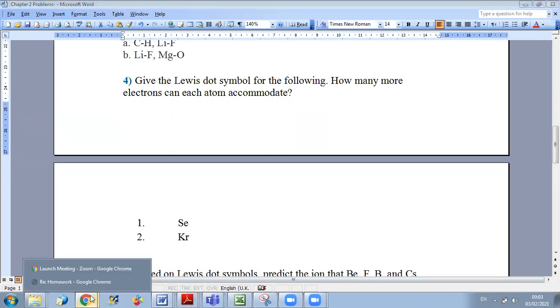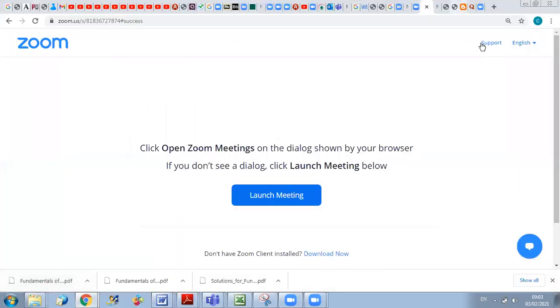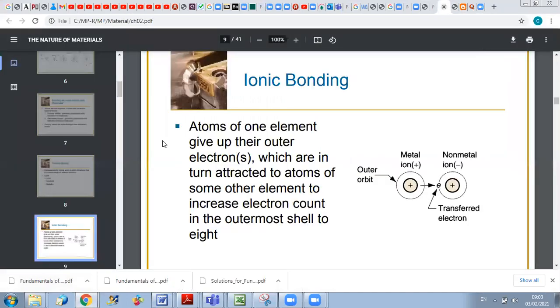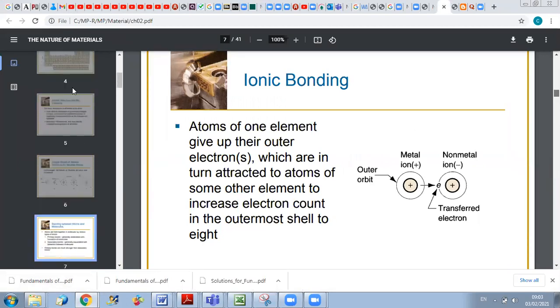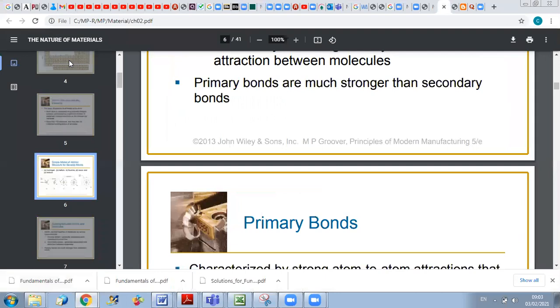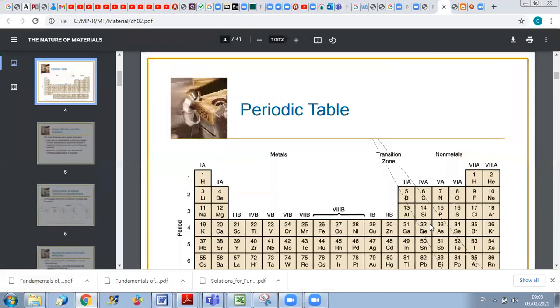So if we go to our periodic table, so it's here. Okay, so this is the periodic table.